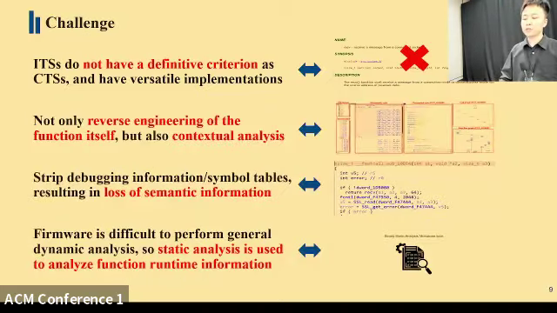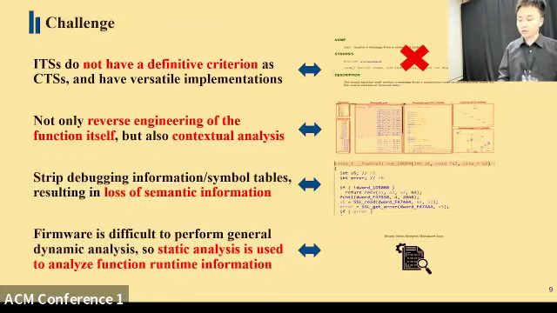Determining whether a function in stripped firmware can be classified as an intermediate taint source is not trivial. First, intermediate taint sources do not have definitive detection criteria like classical taint sources and have various implementations, especially across firmware of different device vendors.